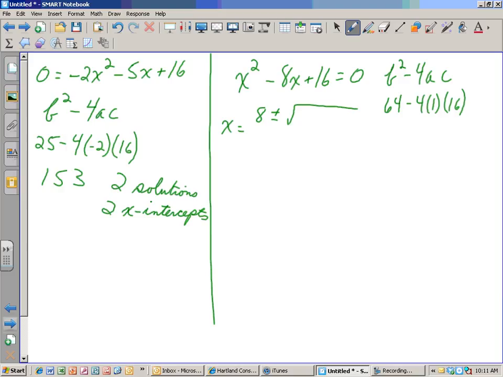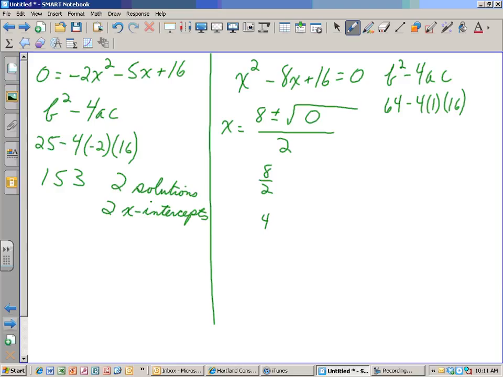What do you get when you put that in your calculator? You get 0. What's the square root of 0? Well, it's 0. 8 plus 0 is just 8. 8 minus 0 is just 8. So the answer is 8 over 2, which is 4.